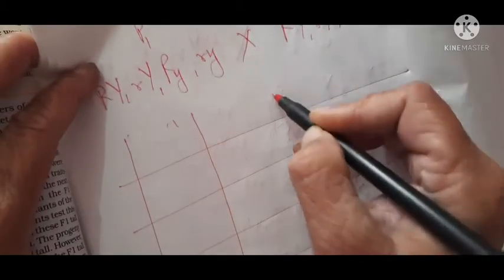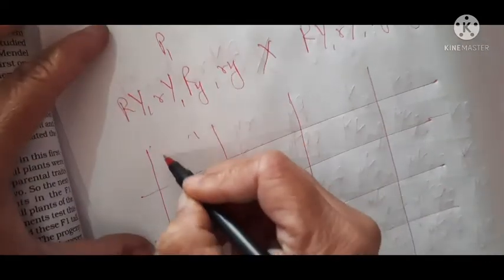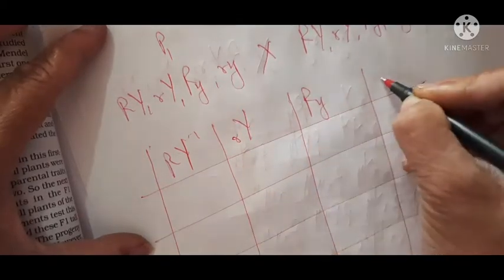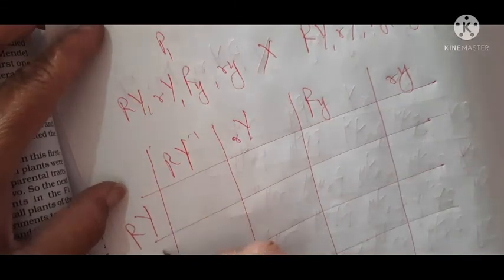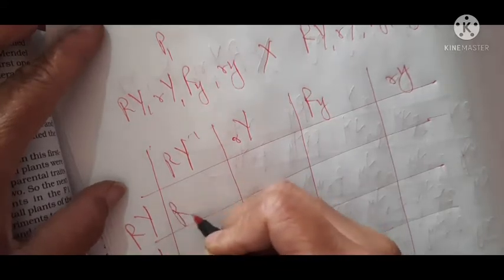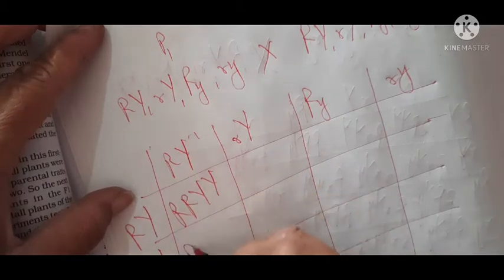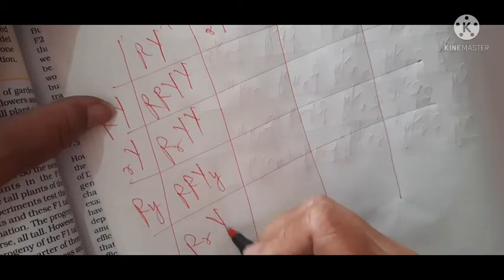This is 1, 2, 3, 4. So this is RY, small r, capital Y. These gametes we will write here, RY. So what we will get, RR, YY, here RR, YY, RR, YY, RR, small r, YY.